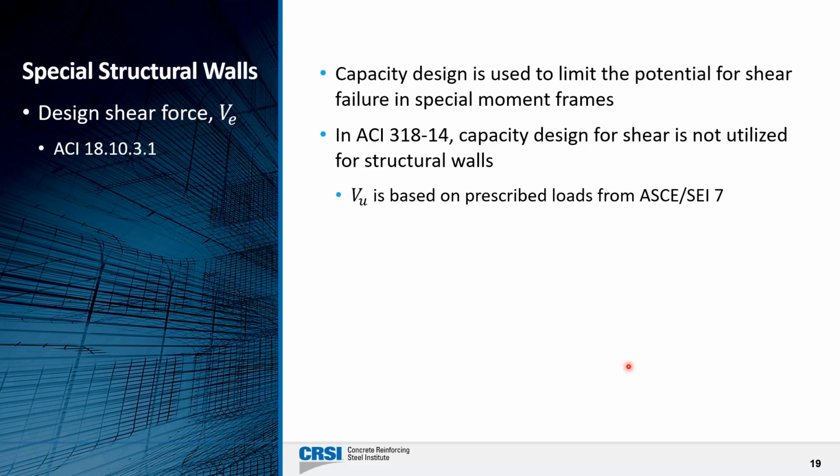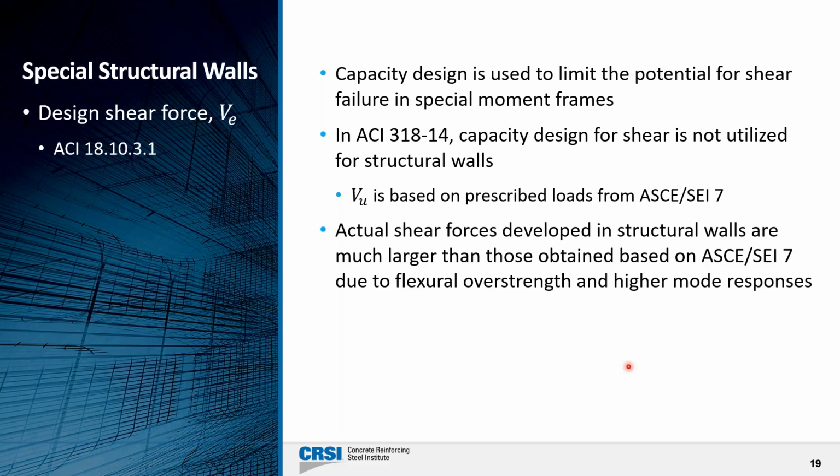Now, in the 2014 edition of ACI 318 and in previous editions, that's not the case for shear walls. V sub U that we designed our walls for was based on the prescribed loads in ASCE 7, which, as we know, are artificially low. So in other words, we were not designing these walls to ensure that flexure would govern over shear.